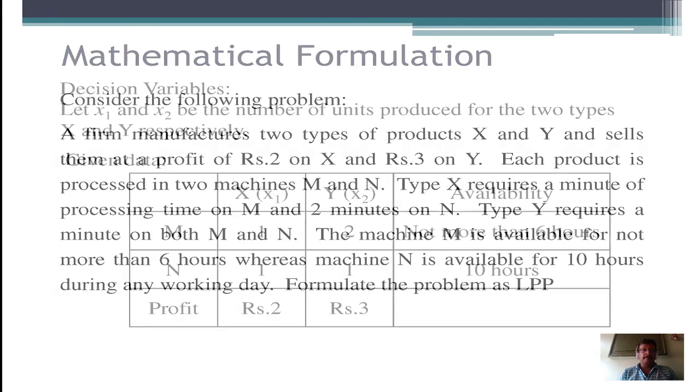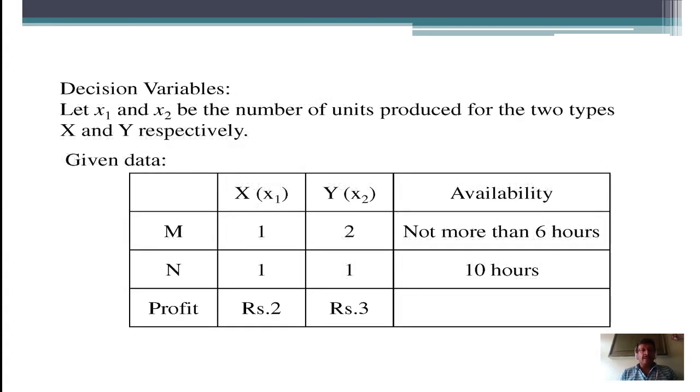Let us see. The decision variables. Here you are given two types of products, so the decision variables are x1 and x2. Let x1 and x2 be the decision variables, the number of units produced of the two types X and Y respectively. What are the data given here? Column headings M and N, row headings products X and Y, x1 and x2.